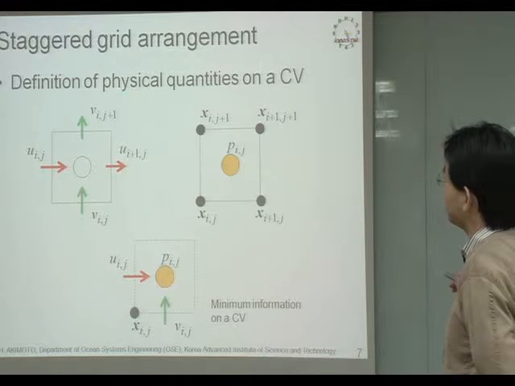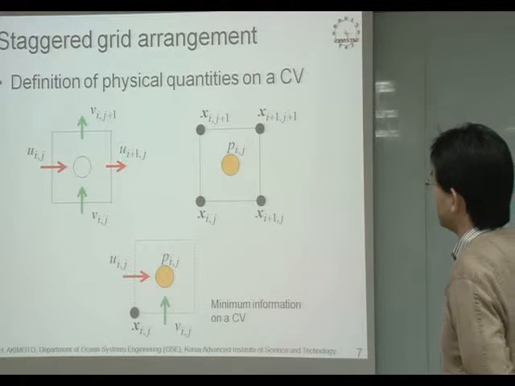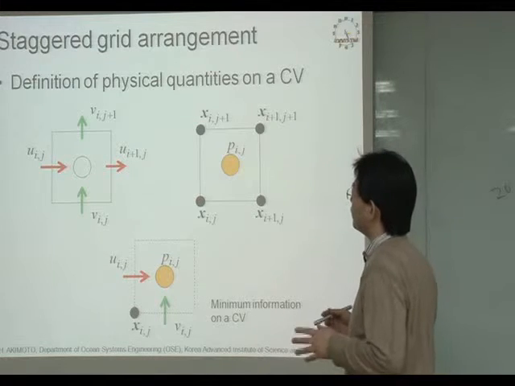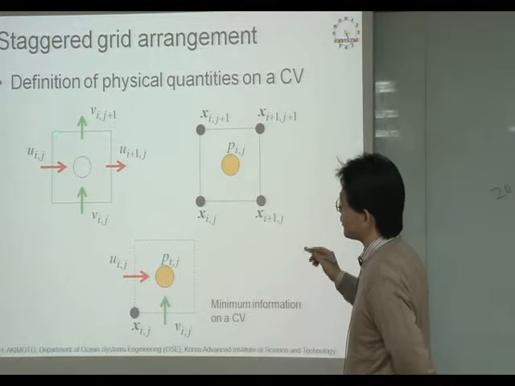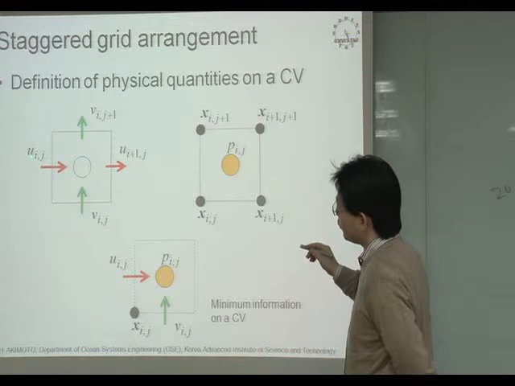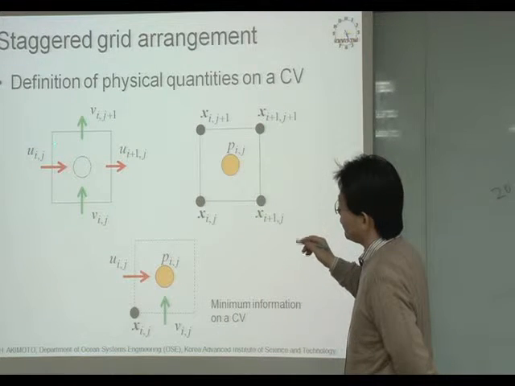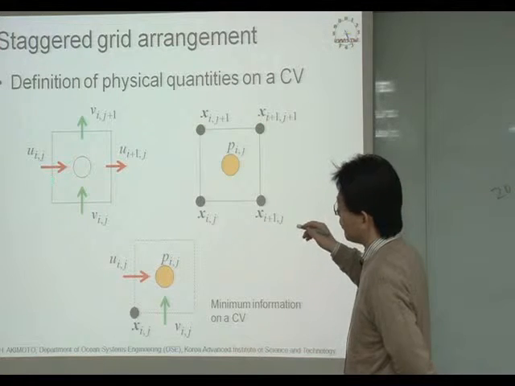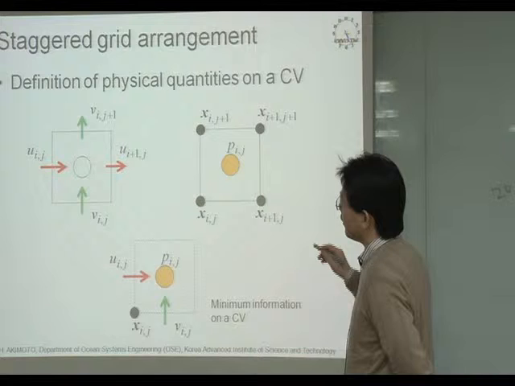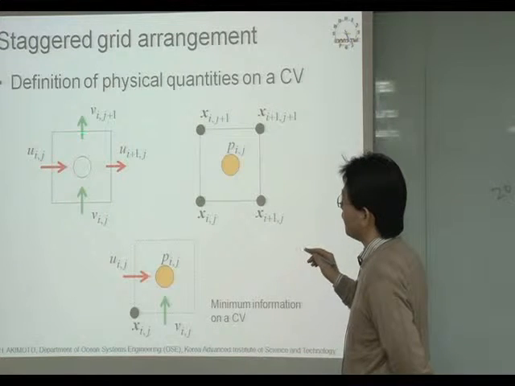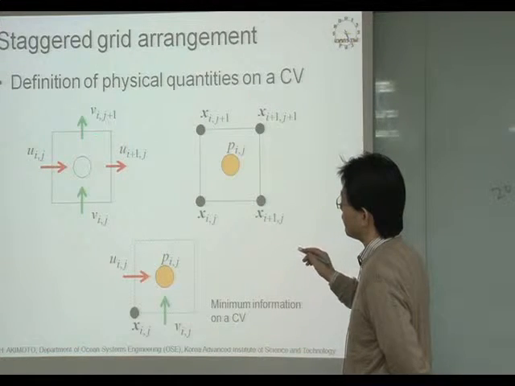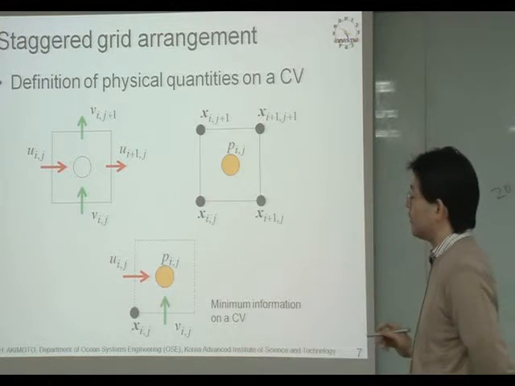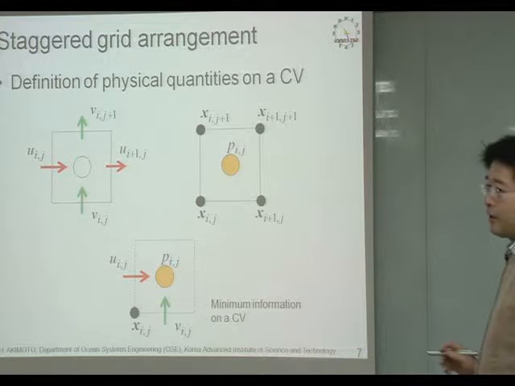If we consider the physical quantities on a control volume, it will be like this. U components are defined on the surfaces normal to the x direction, and V components are defined on this surface, or face, of the control volume normal to the y direction.